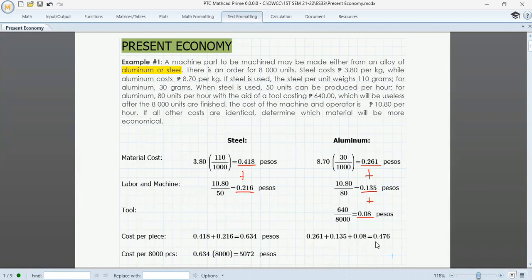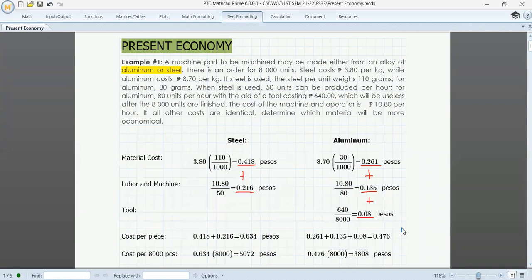So, if per piece ay nagkakahalaga or gumagastos tayo ng 0.476, magkano pag 8,000? So, syempre, ganun ulit. I-multiply mo ulit siya by 8,000. So, 0.476 times 8,000. That is equal to 3,808 pesos.